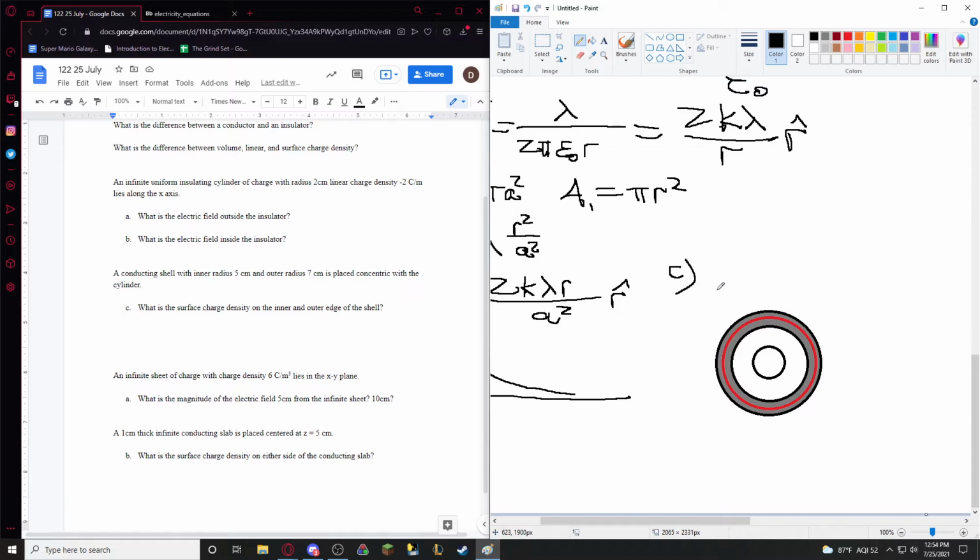So how do we go from linear charge density, that's coulombs per meter, to a surface charge density, coulombs per meter squared? Oh, boy. Okay, surface charge density. Well, we've got to figure out the area instead of the length.